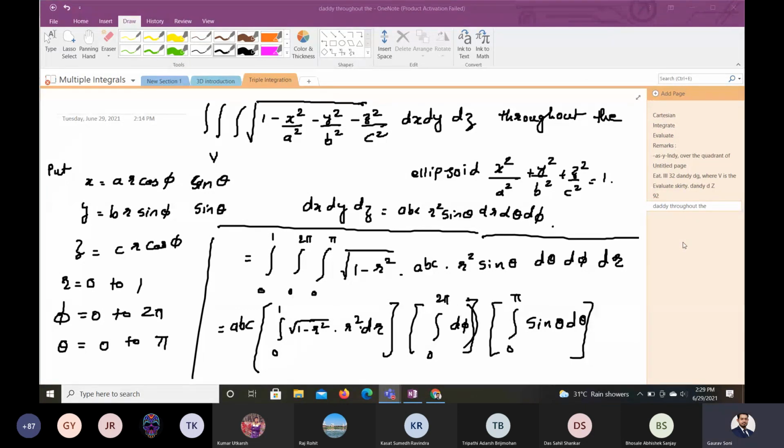In the integration of root 1 minus r square, you just need to put r is equal to cos or sine. You will be able to solve it. And the other two integrations are very much easy. So I'll directly give the answer. It is pi square abc divided by 4.